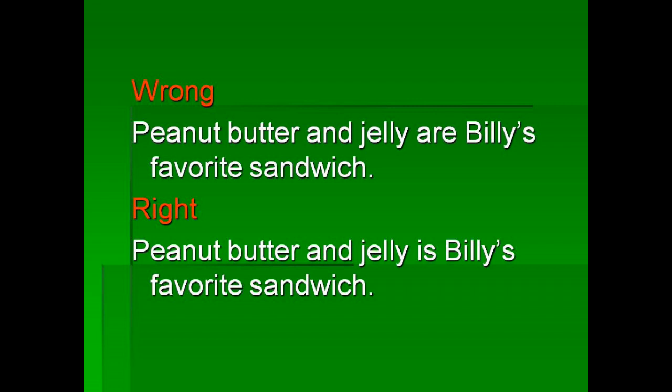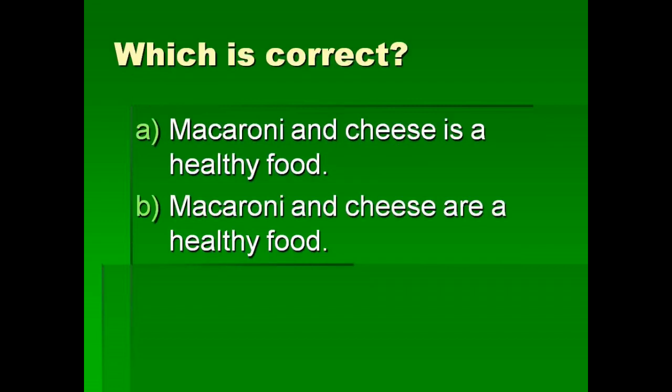No, it's supposed to be peanut butter and jelly is Billy's. These are a unit, peanut butter and jelly. That's a single unit. So a unit takes a singular verb, not are. Yeah, I can see you're doing fine. Can you try this at home?